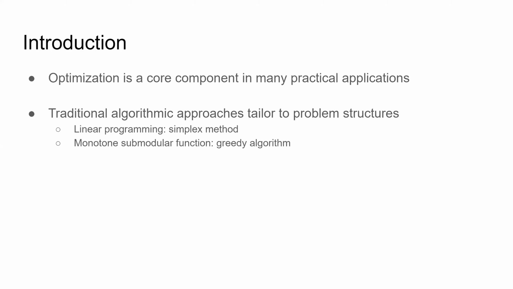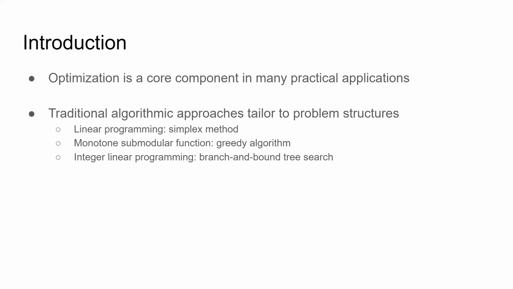For the class of problem called monotone submodular optimization problems, the greedy algorithm is a very simple algorithm, but takes advantage of the submodularity of optimization problems and can give fast and theoretically guaranteed outcomes for optimizing this class of functions. And finally, which will be the main topic for this lecture, is integer linear program. For this class of problem, people have designed branch and bound, which is a general tree search algorithm, which I'll go into detail later, to find the optimal solution to these integer programs.